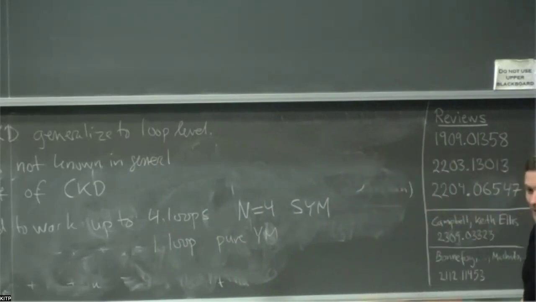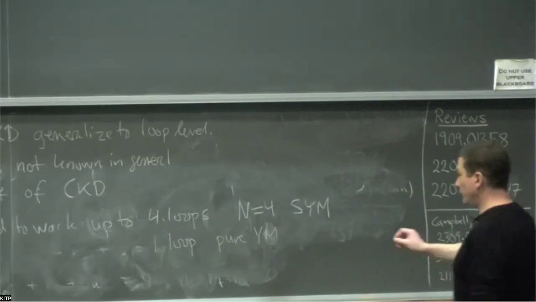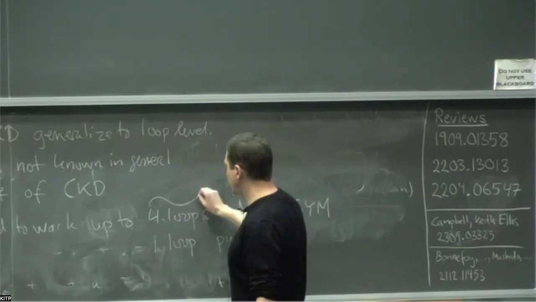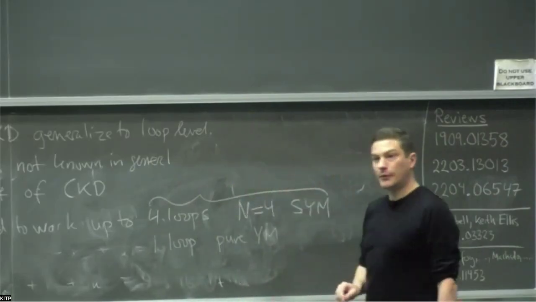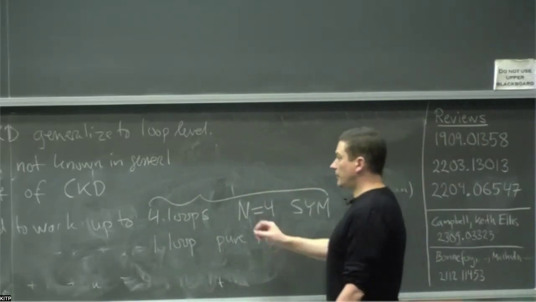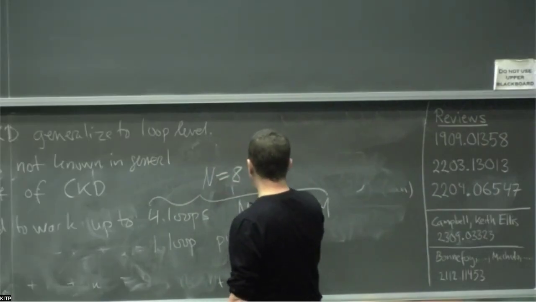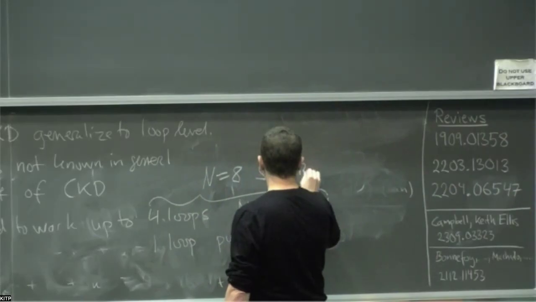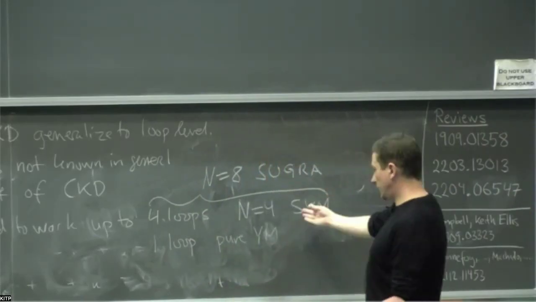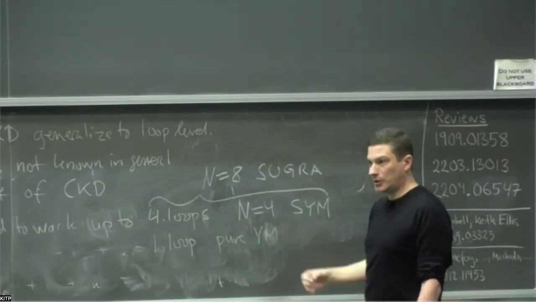Yes, indeed. These calculations are very important for figuring out the behavior of N equals 8 supergravity, because this is what N equals 4 super Yang-Mills double copies to.